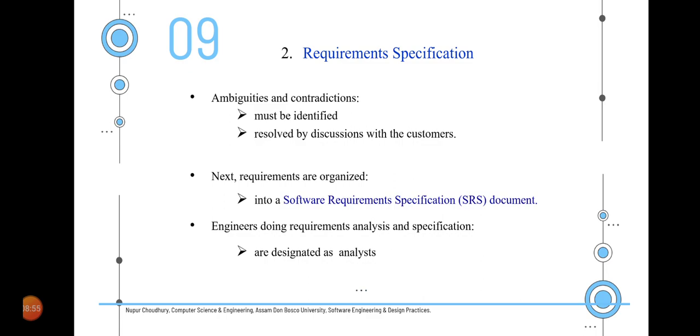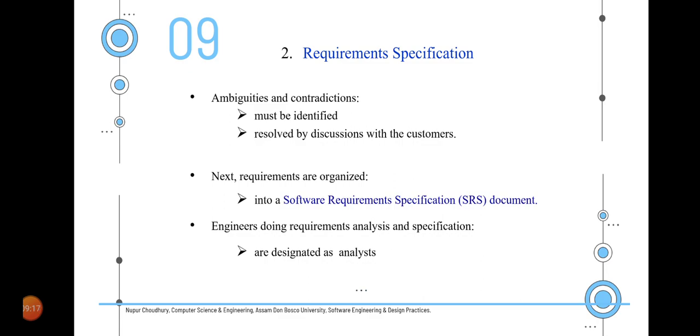The next part being requirement specification. So after all the data is collected and incompleteness and inconsistencies are found out and resolved, we have to remove the ambiguities and contradictions that might be present in the data after identifying them.